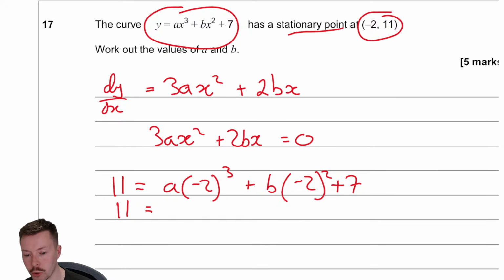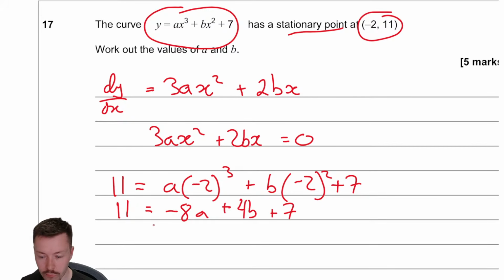Right, minus 2 cubed is minus 8a plus 4b plus 7. Now the other thing I need to do here, if it has a stationary point at this point, I plug minus 2 in. I'm going to do that in a second. Let's go back down here. Take away the 7.